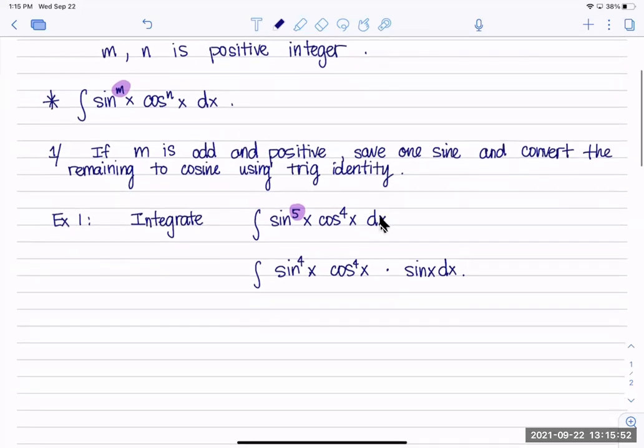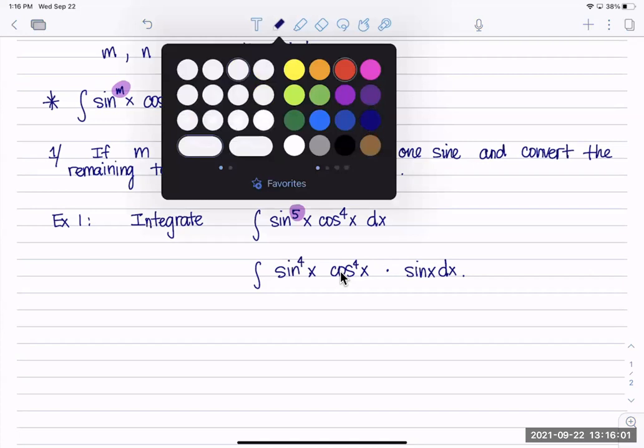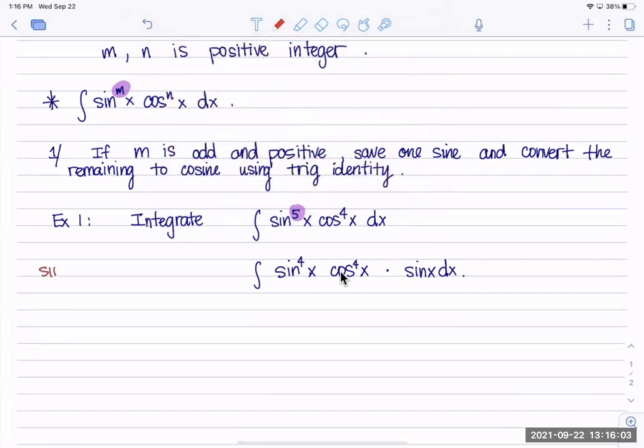Usually the trigonometry identity for this type of problem is the Pythagorean identity. Let me recall that: sine square x plus cosine square x equals 1.